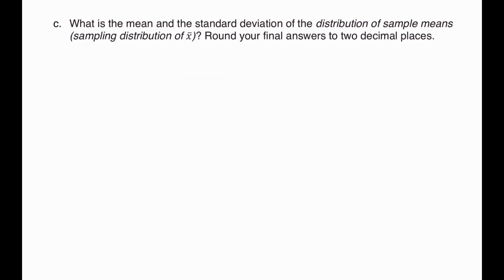For part C, what are the mean and the standard deviation of the distribution of the sample means? Round your final answer to 2 decimal places. The notation for the mean of the sample means is mu sub x bar, and it is the same as the population mean, which makes sense.